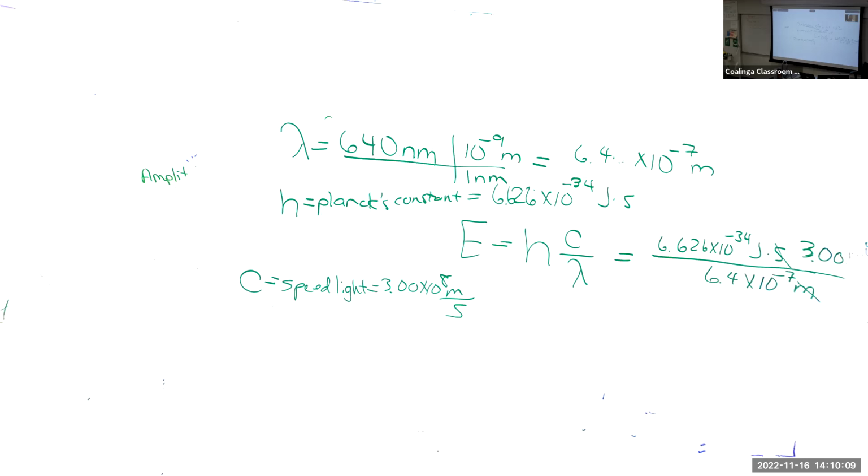Meters cancel out. So we're left with just joules, which are the units for energy.